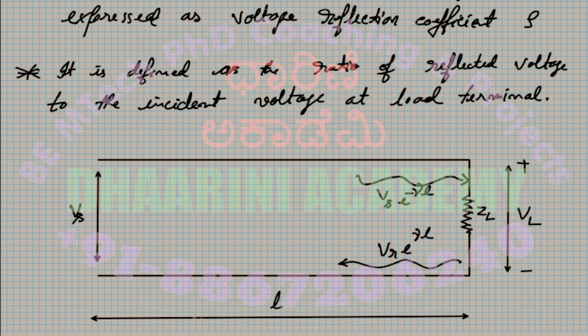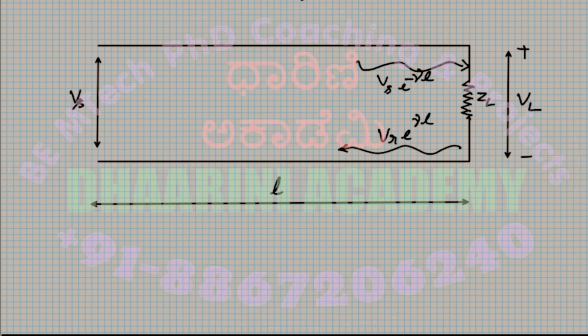I think we have just drawn this particular circuit, showing that Vs is the supply and VL is the voltage across the load. The forward wave is denoted by Vs e to the power minus gamma L, where L is the length of the line, and Vr e to the power gamma L is the reflected part.